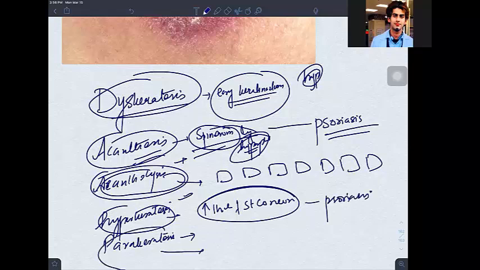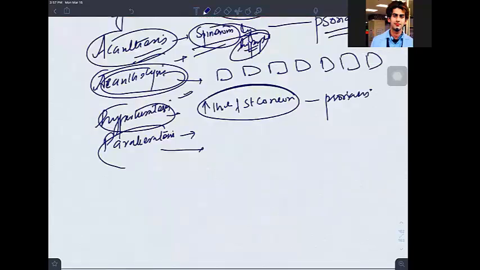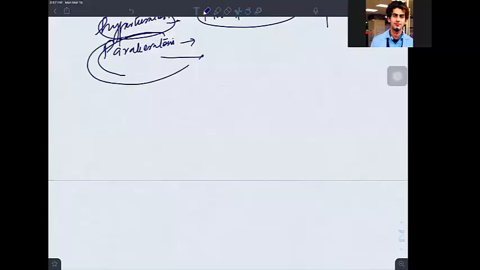Parakeratosis means, do we have nuclei in the stratum corneum? No. So normally we don't have. But in the condition like psoriasis, we are able to see there is nuclear retention in the corneum layer.